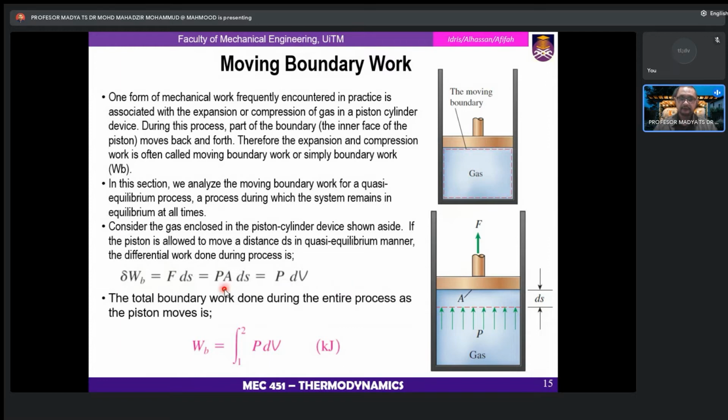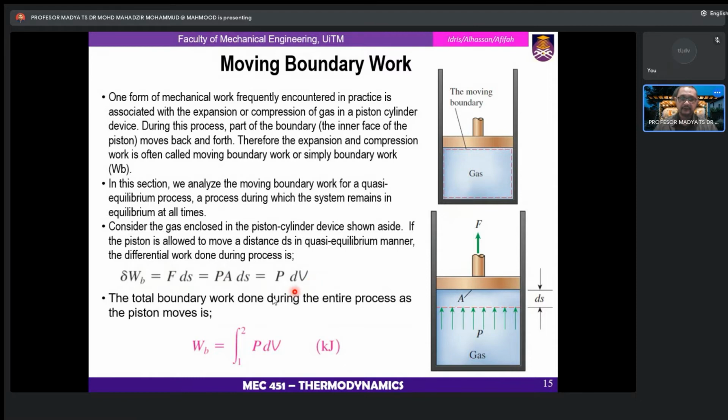So from here we can simplify the equation. The work equals P times dV, because dV is the volume change of this system, where the volume is area A times the distance ds. This area times ds gives the volume.